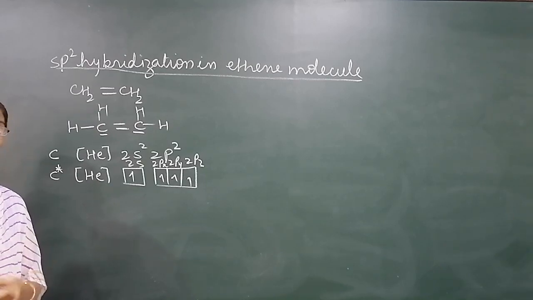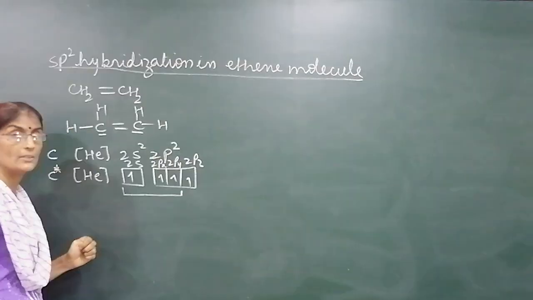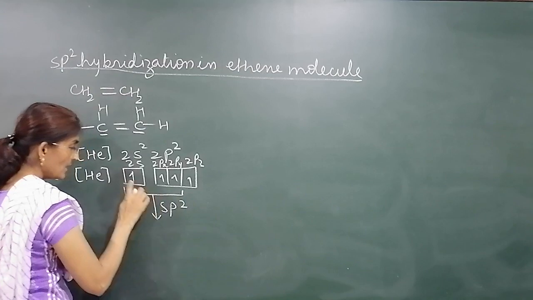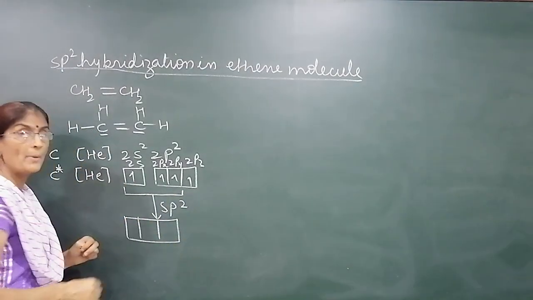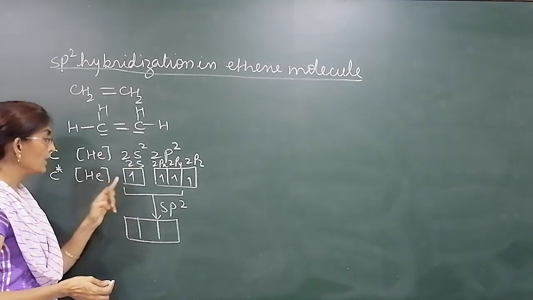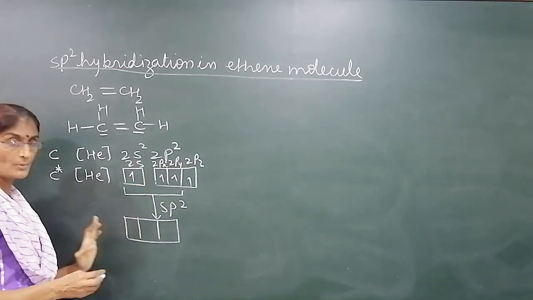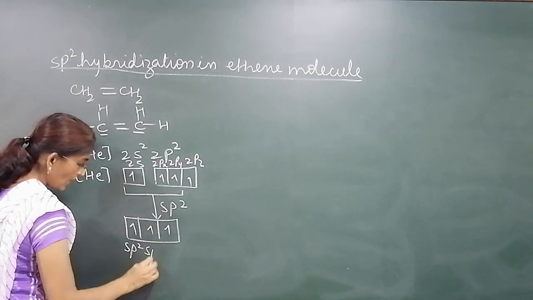Out of 4 orbitals, 3 undergo hybridization, 1s and 2p orbitals. When these undergo sp2 hybridization, 3 hybrid orbitals will be formed, because the number of atomic orbitals that are combining is equal to the number of hybrid orbitals formed. 3 atomic orbitals combine, 3 hybrid orbitals form. All three are named sp2 hybrid orbitals.